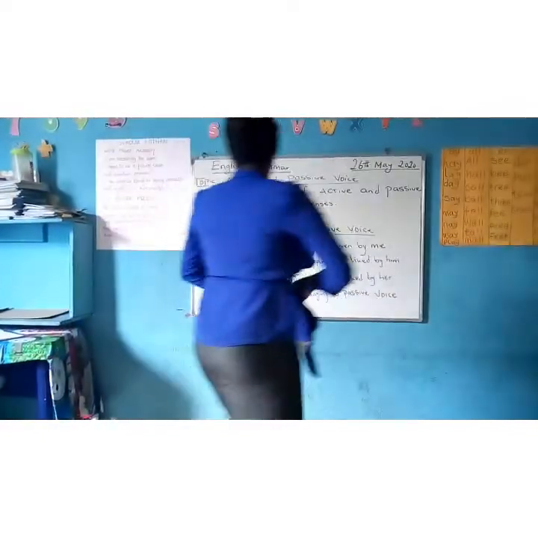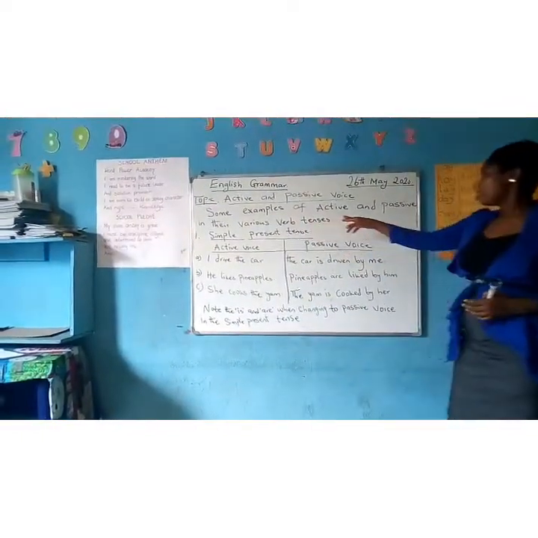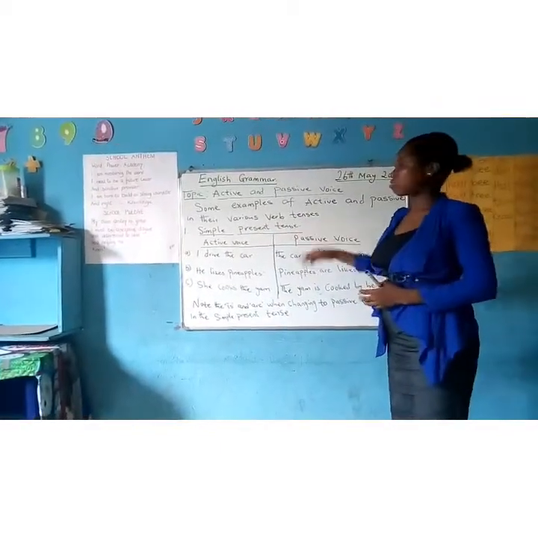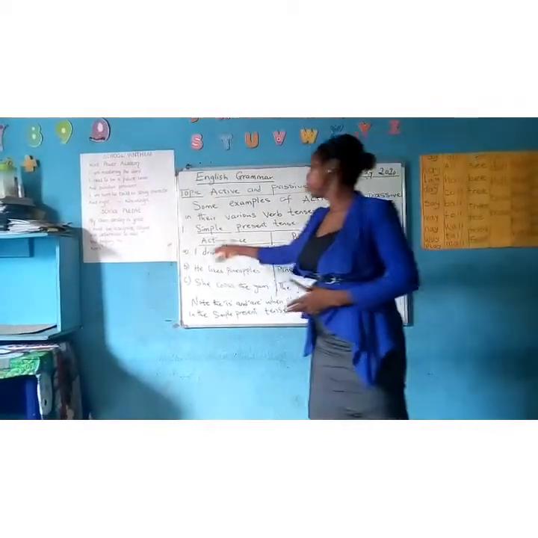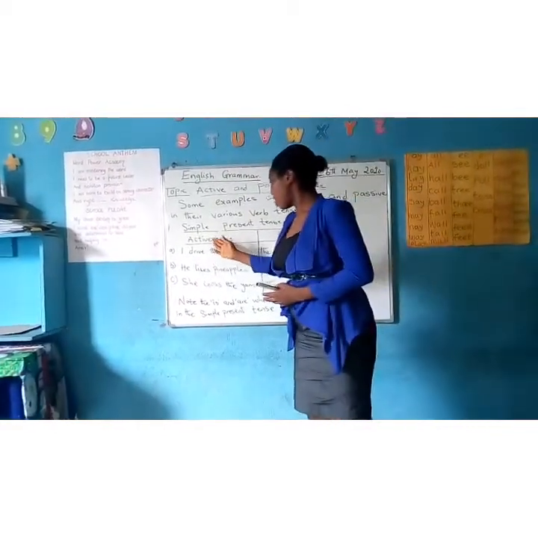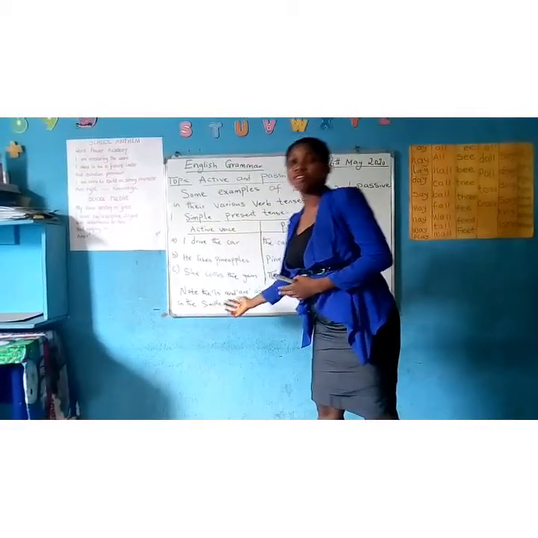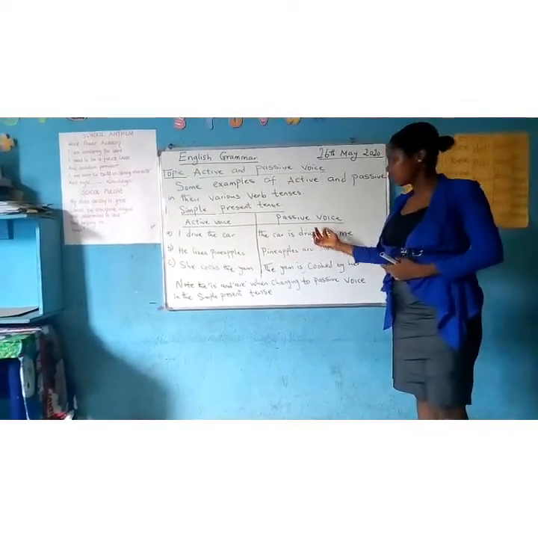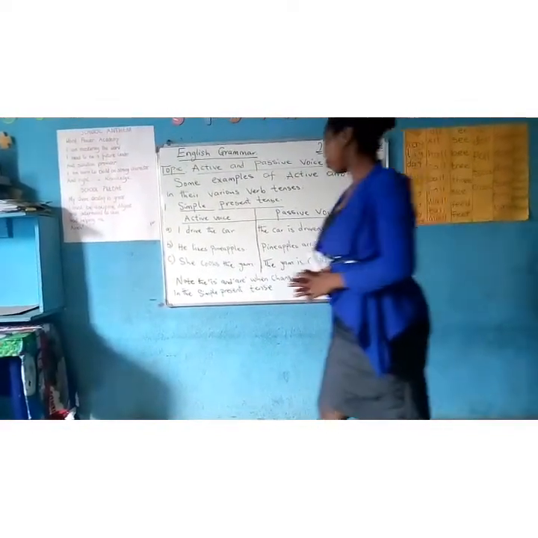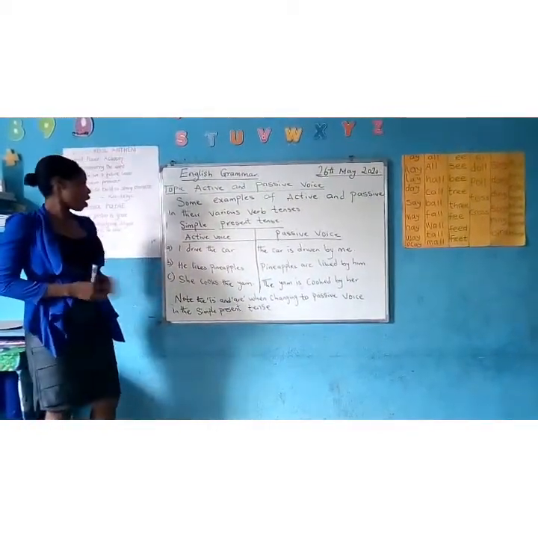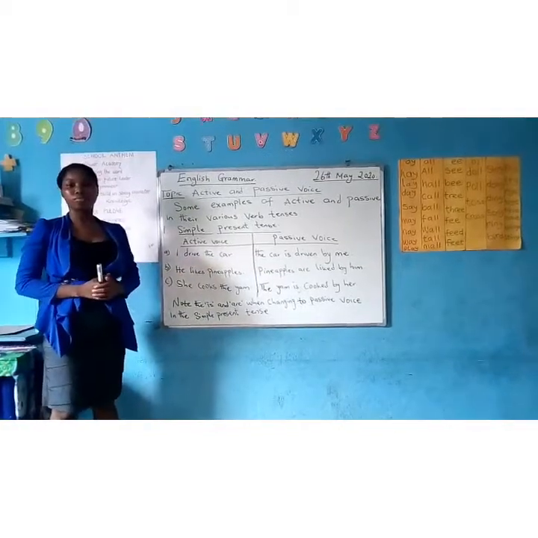Okay. Here are some examples of active and passive voice in their various verb tenses. I have number one, simple present tense. Under the active voice, I have some simple sentences. Under the passive voice, I have some simple sentences also. Number one, A. I drive the car.